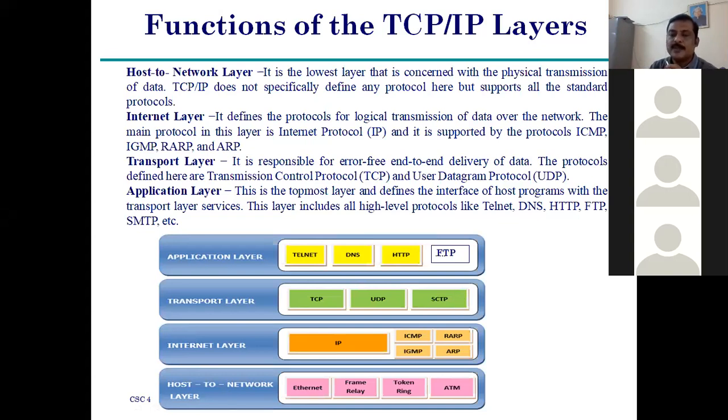So connection oriented TCP and connectionless UDP: by using these two protocols, reliable or unreliable information is transmitted between the nodes in a network.